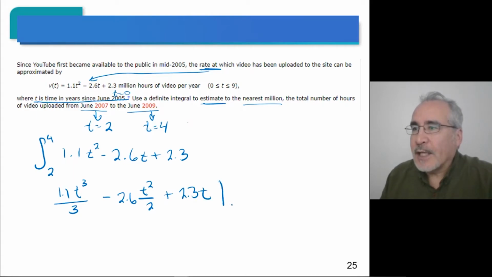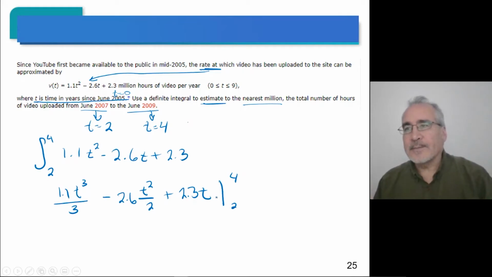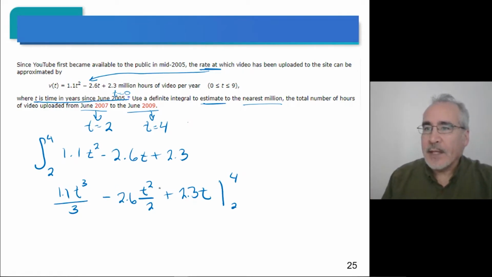Then again, we'll take it from 2 to 4. So you plug in 4 for t, and then you plug in 2 for t, and you subtract those two values. That's one way to do it. And notice we have this newer function, which we'll call, I guess we could use big V of t. This one here is little v of t.